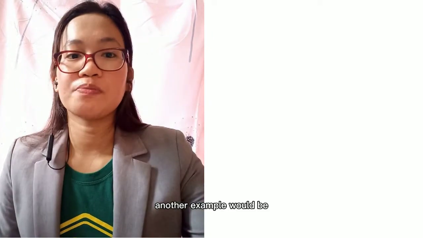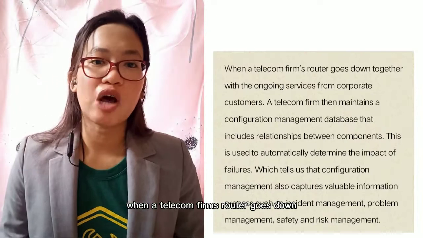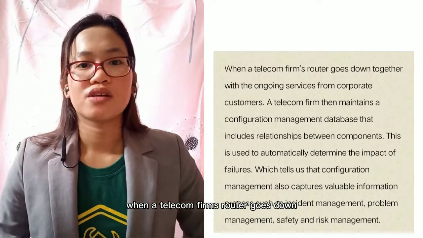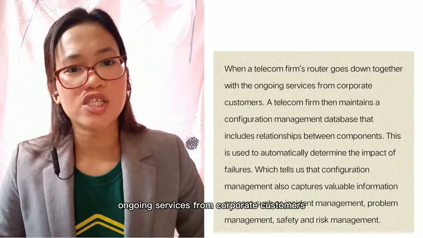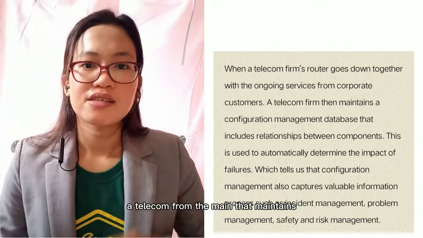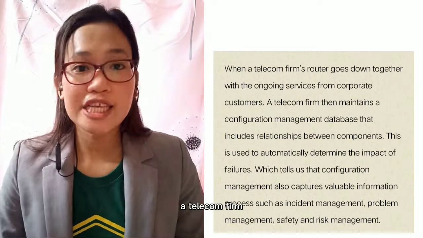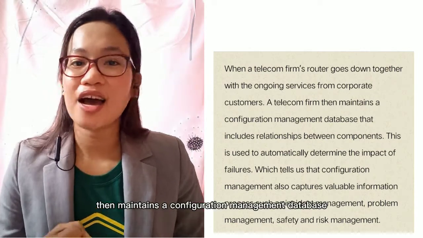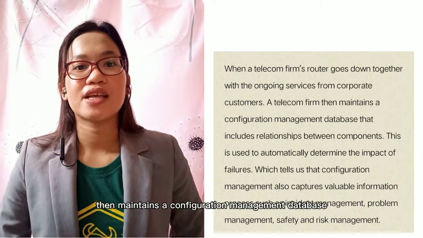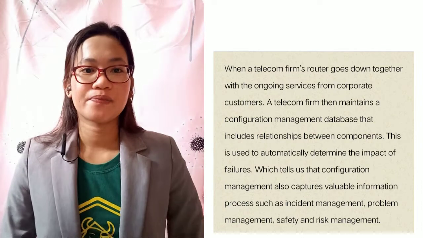Another example would be when a telecom firm's router goes down together with the ongoing services from corporate customers. The telecom firm then maintains a configuration management database that includes relationships between components.